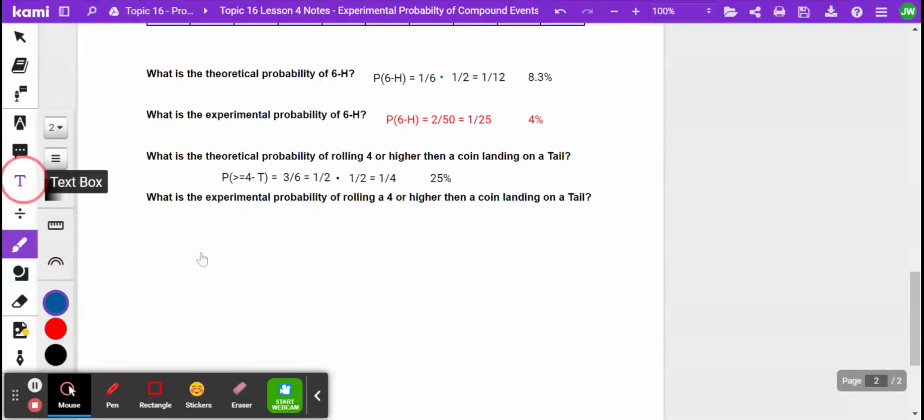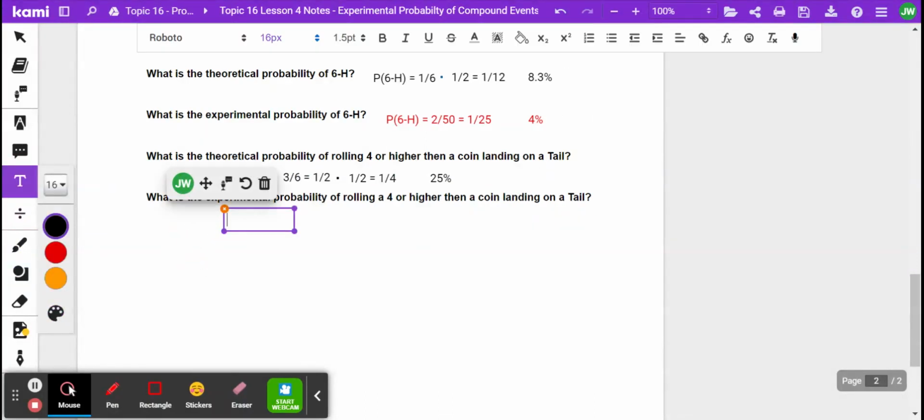So I got my probability of greater than or equal to 4 and a tail. I counted 11 out of 50. I can't reduce that, so that would be in those terms. And then when I divide 11 by 50 and multiply by 100, I get 22%.